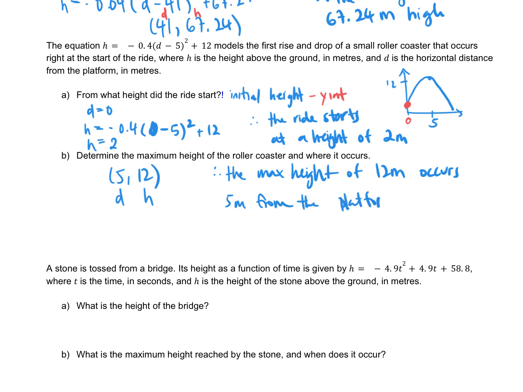There we go. The max height of 12 meters occurs 5 meters from the platform, or however you'd like to word that. So that's a very quick question. We were given the vertex form already, so we didn't have to do anything to work for it.